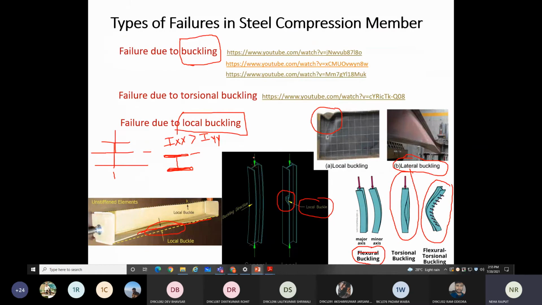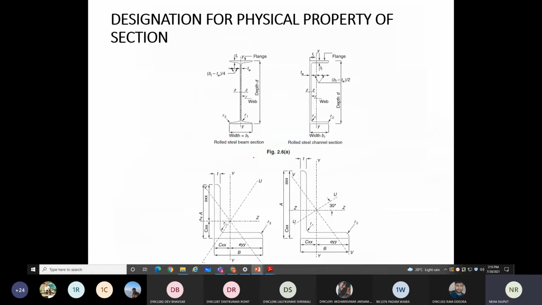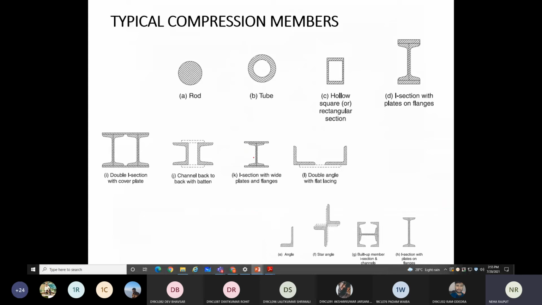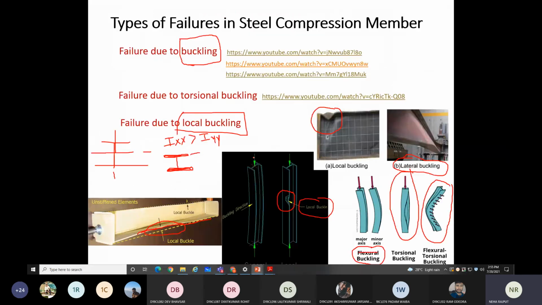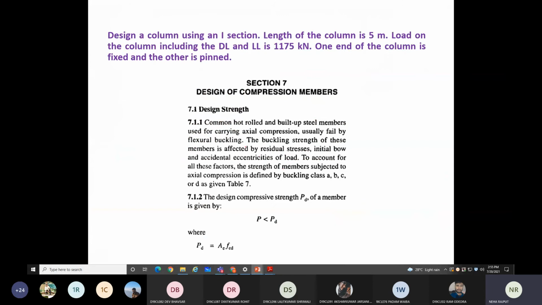So with this much knowledge, at least we can start with the design example, and whenever it is needed, we will go through section 7 for the criteria. So all of you just write this down: design a column using an I section.